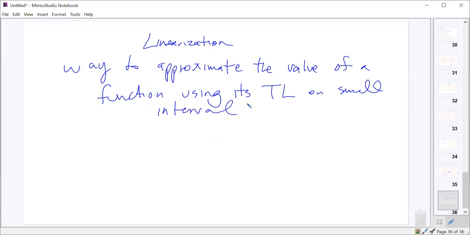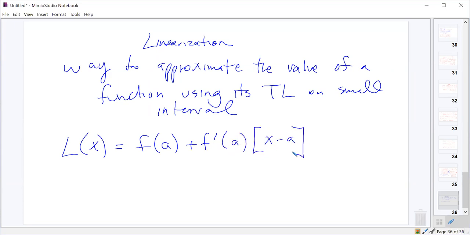And the formula for linearization is L of x is f of a plus f prime of a times x minus a, where our approximation is centered at a.